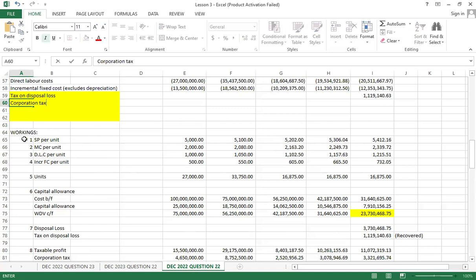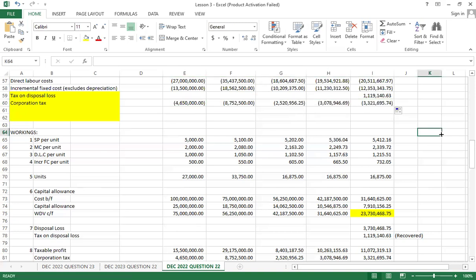Because this one we pay, it is a negative cash flow. So period one equals negative 4650. That equals negative 4650, and similarly I'll have it for the other periods.